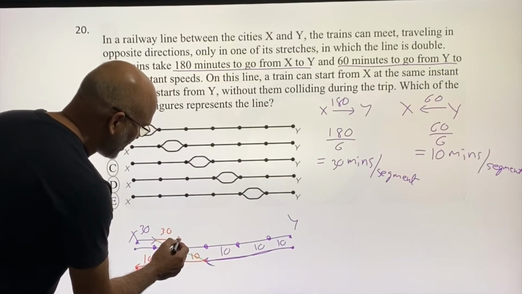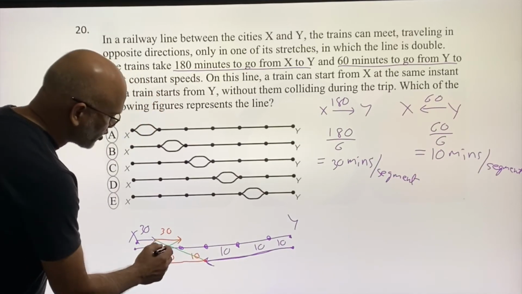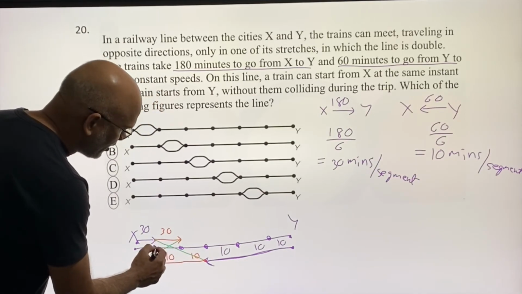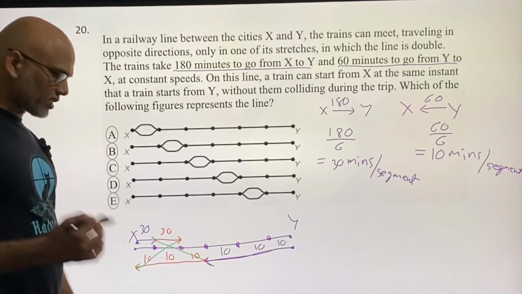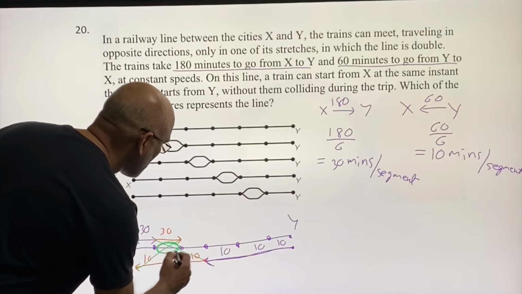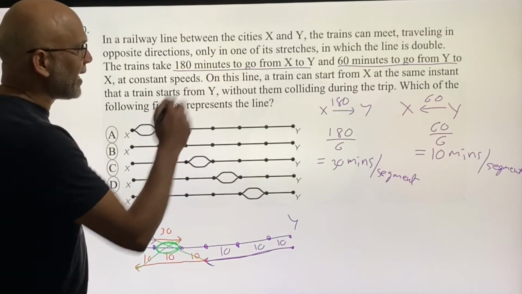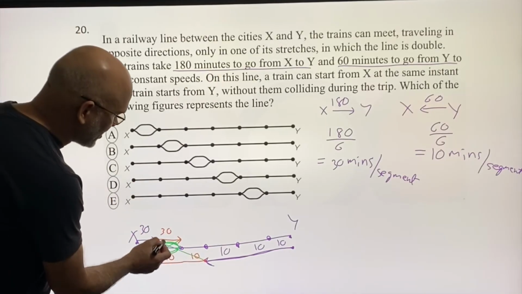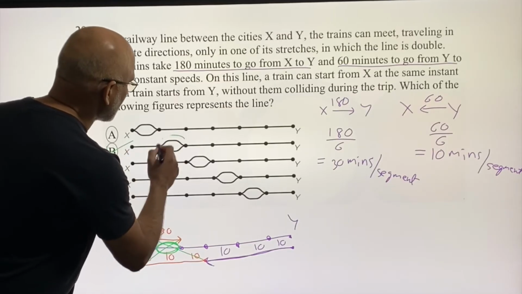But when this train has arrived here, this train would have arrived here. So somewhere in this segment, they are going to cross, right? So this is the segment where there needs to be a fork, or the line needs to double, right? So this is the segment. This is the second segment. That is, then B is the correct answer.